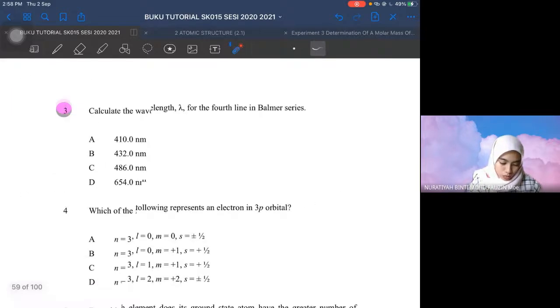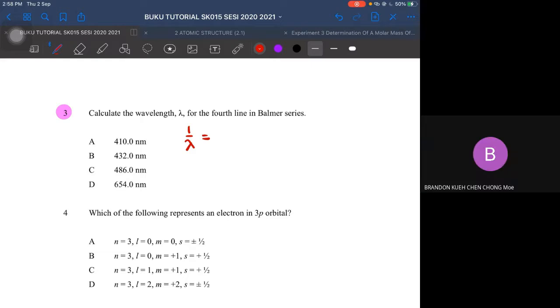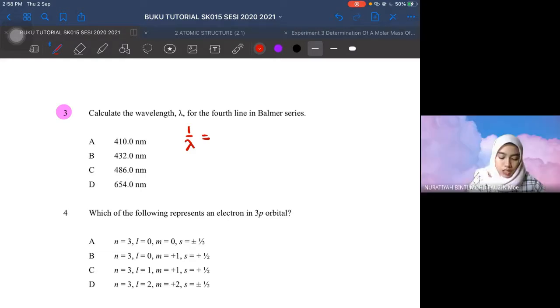So that was 2.2. Now, calculate the wavelength for the fourth line in the Balmer series. Which formula will we use? 1 over lambda, right? You use that formula and you will get your wavelength.